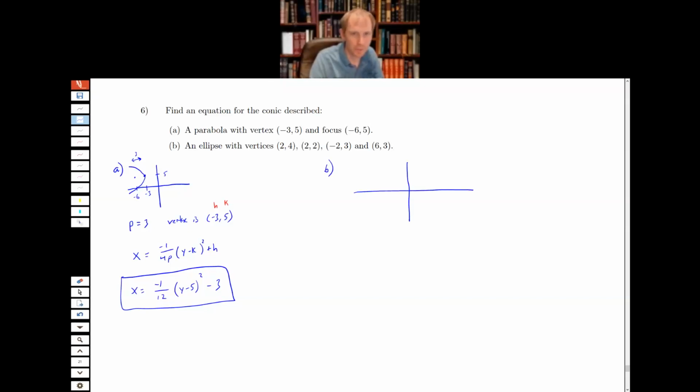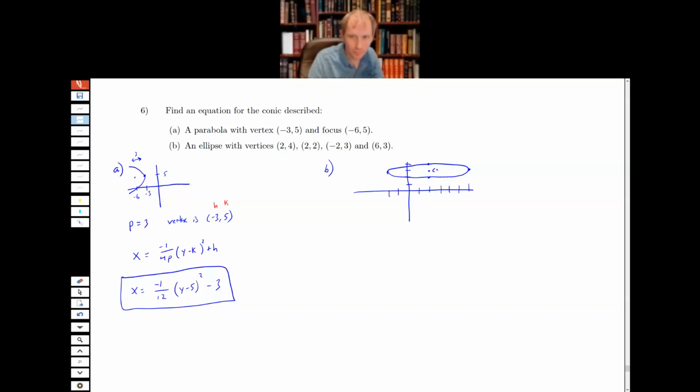Okay, so we have an ellipse with vertices 2, 4, 2, 2, -2, 3, and 6, 3. Okay, so I'm going to make a lame attempt at drawing an ellipse here. Okay.